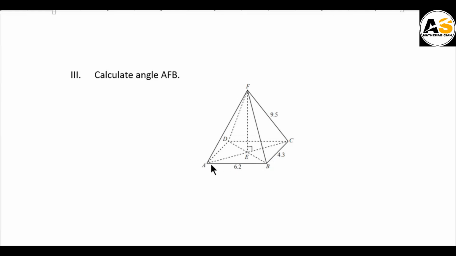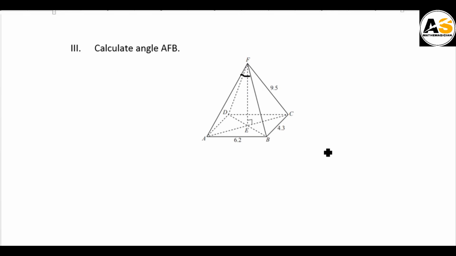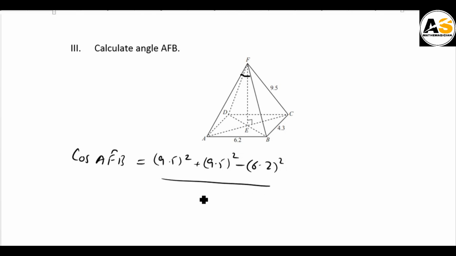In the third part, we have to find the angle AFB. Consider this triangle. This side is 6.2, this side is 9.5, and this side is 9.5. What will be this angle? We will use the cosine rule. Cos of AFB is equal to 9.5 square plus 9.5 square minus 6.2 square over 2 times 9.5 multiplied by 9.5.